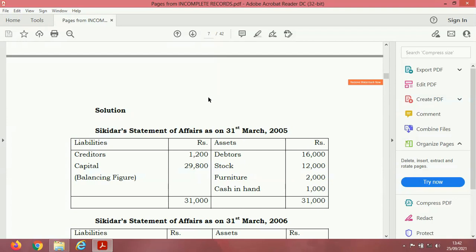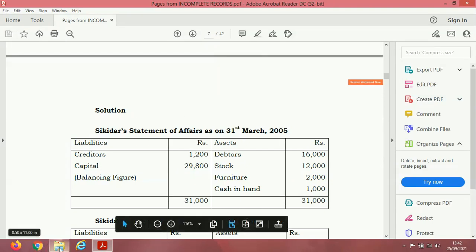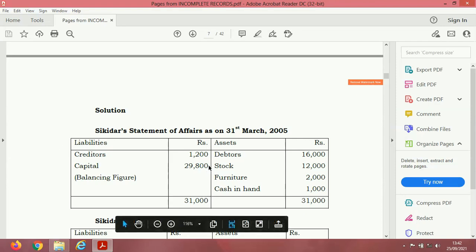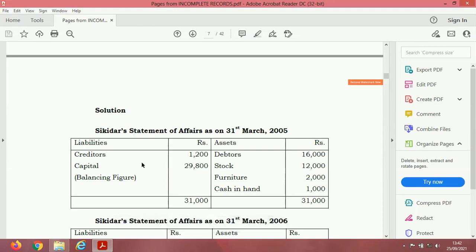Anyway, we shall see how to do it. In most cases, when they are preparing a statement of affairs, they make it in a vertical form. You see, this is in a horizontal form. Vertical means that we begin with assets less liabilities.